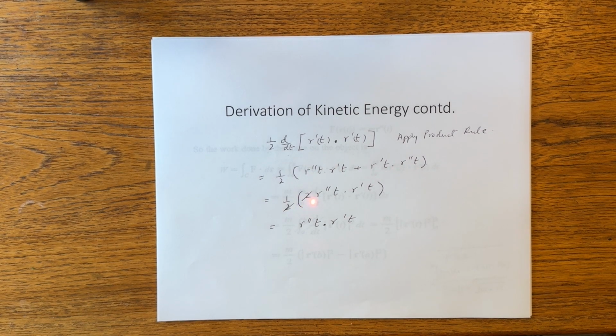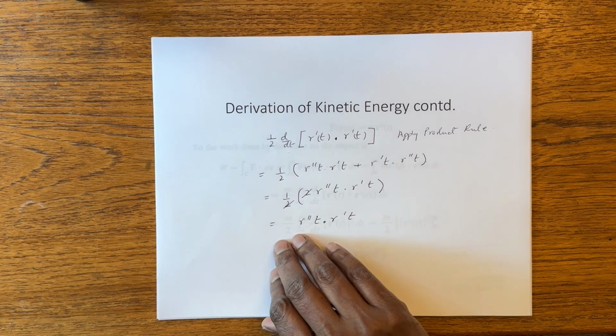That becomes 2 times the acceleration vector times the velocity vector. The 2 and 2 cancel out, and you get r''(t) dotted with r'(t), so the acceleration vector times the velocity vector. Now you notice that this is the same as this, and in the next slide, I'm going to substitute this entity with this entity here.